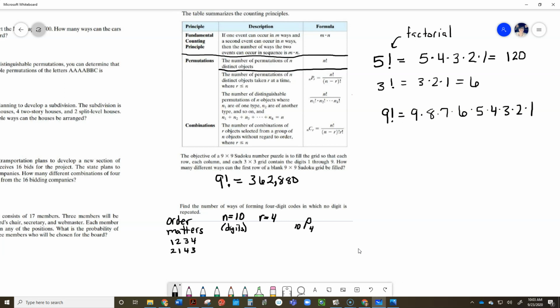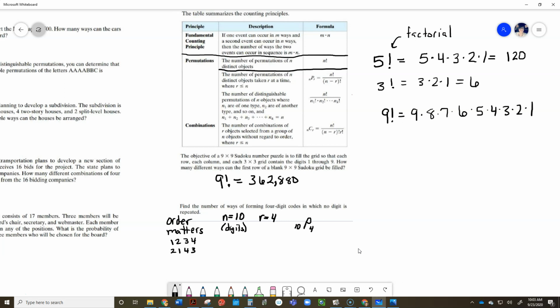So be careful with understanding my use of the word choose. The use of the word choose is in no way enough information to know if it's a permutation or a combination. So be careful with that. It took me years to realize that people were associating the word choose with the combination, and it really shouldn't be.